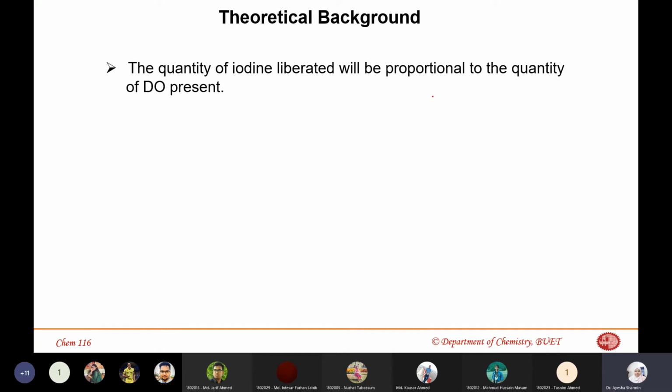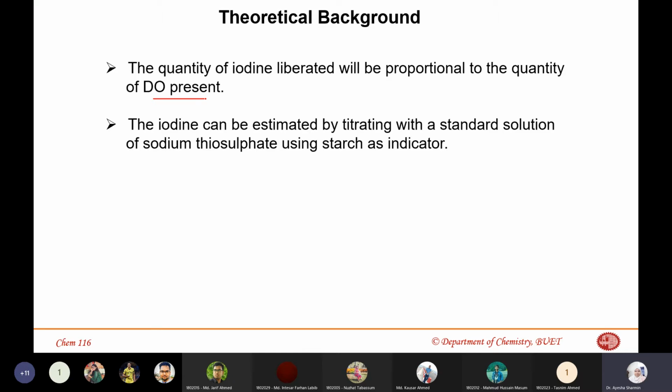The quantity of iodine liberated will be proportional to the quantity of dissolved oxygen present. When we see the chemical reactions, that will become more visible to you. The iodine can be estimated by titrating with a standard solution of sodium thiosulfate using starch as an indicator.